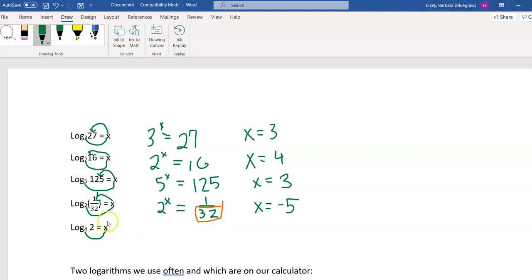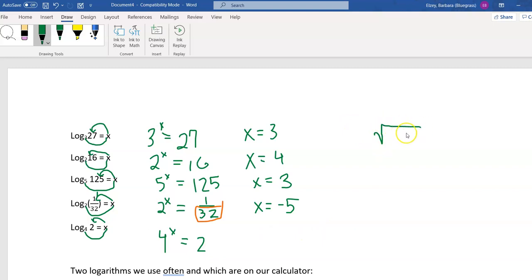4 raised to the x equals 2. 4 to the x power equals 2. Now this one's really weird because we sit there and go, wait a minute, 2 is smaller than 4. 4 to some power equals 2. But let's go back to an idea that hopefully you have seen in previous algebra classes, but if not, we will get that idea here.